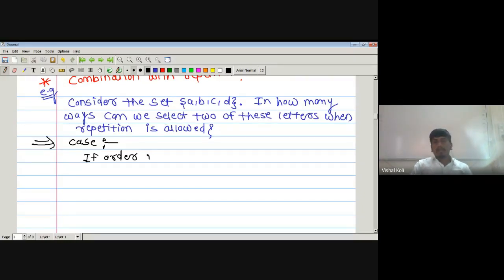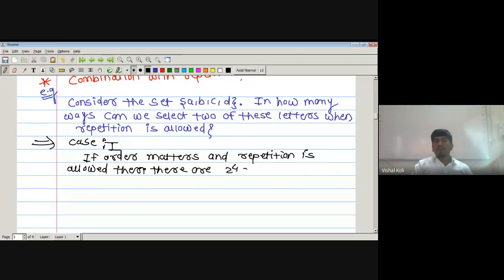First case: if order matters and repetition is allowed, then there are 2 to the power 4 equal to 16 ways.